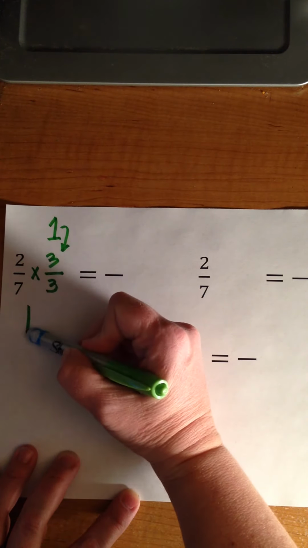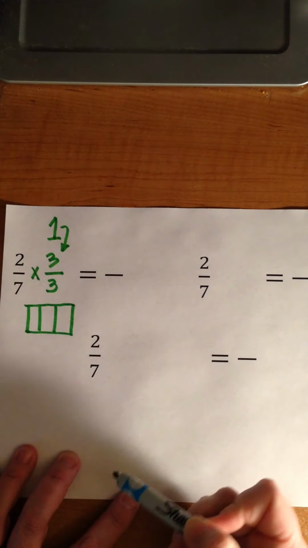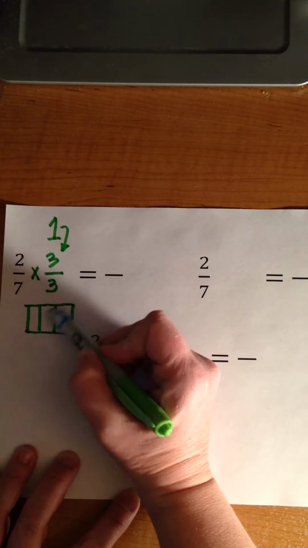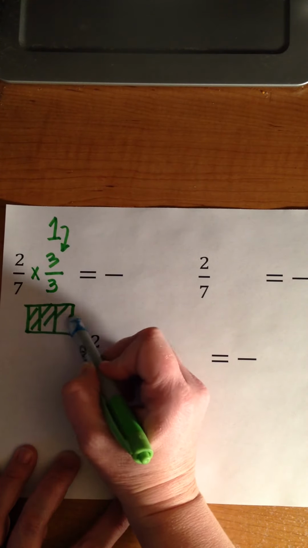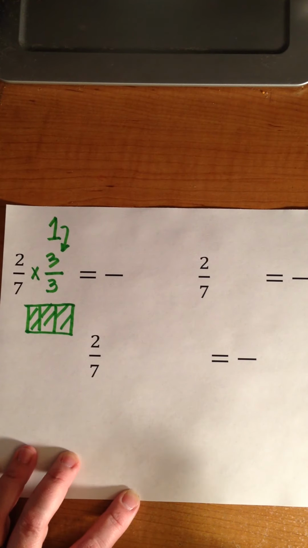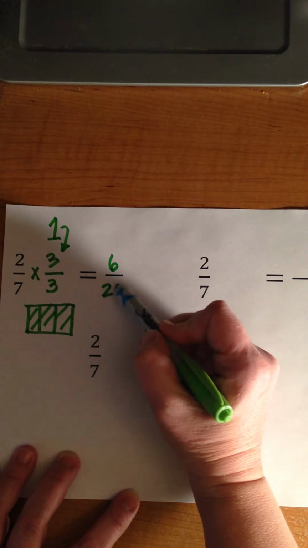Let's take a look at 3/3. If I had a rectangle, divided it into 3 equal sections, which, as the denominator is indicating, 3 equal sections, and I shaded all 3 sections, I have shaded 1 whole. So 3/3 is equal to 1 whole. So multiplying 2/7 by 3/3 is the same as multiplying it by 1 whole. So 2 times 3 is 6. 7 times 3 is 21.